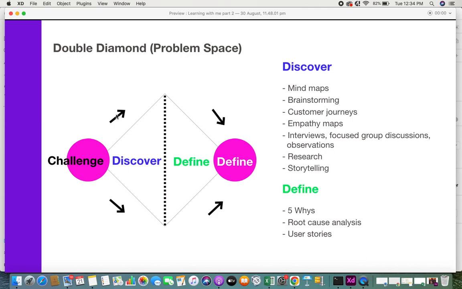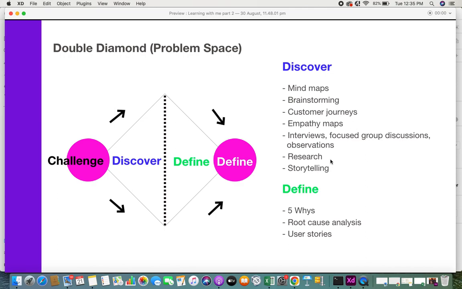There are a lot of tools that can help you discover problems. Some tools are mind maps, which are really helpful. Then you have brainstorming, another powerful tool. Putting down customer journeys and empathy maps. You can conduct interviews, focus group discussions, and observations.